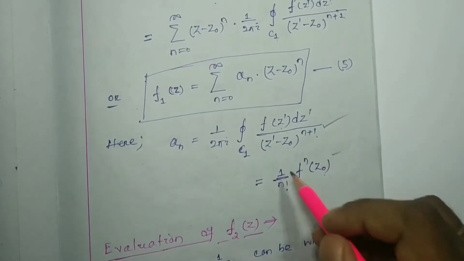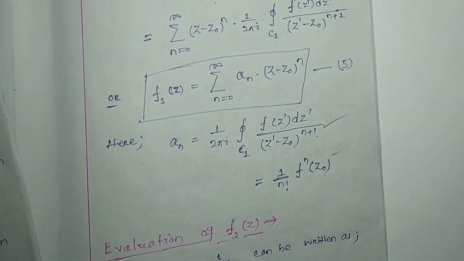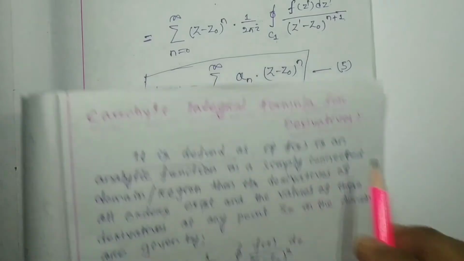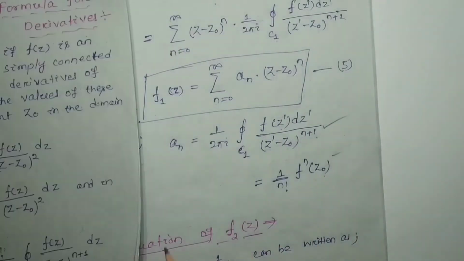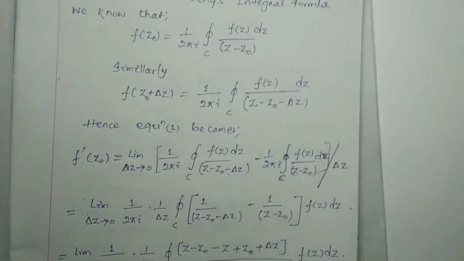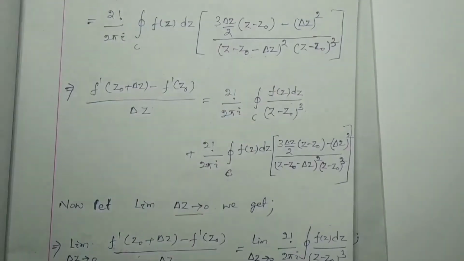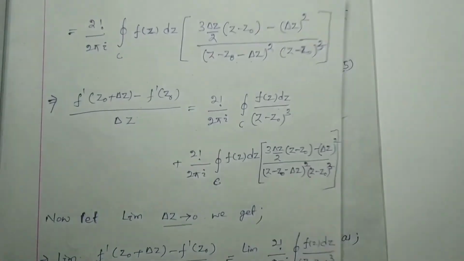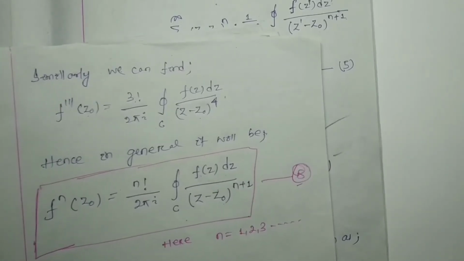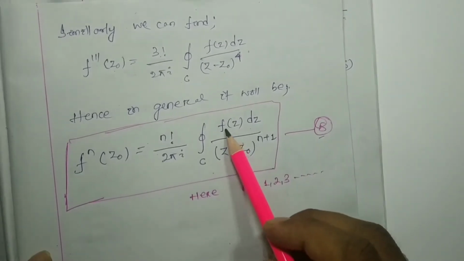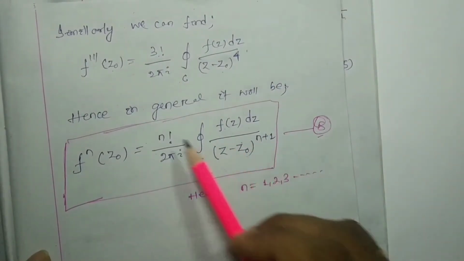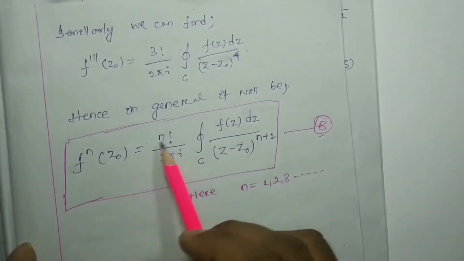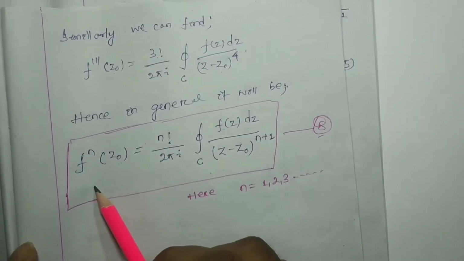when we discussed the nth derivative, Cauchy's integral formula for derivatives. At that time we know that an is nothing but, you can check your note, no problem. Here you can see that 1 by 2 pi i f(z) dz by (z minus z0) to the power n plus 1 is nothing but the nth derivative of f(z0) by n factorial.